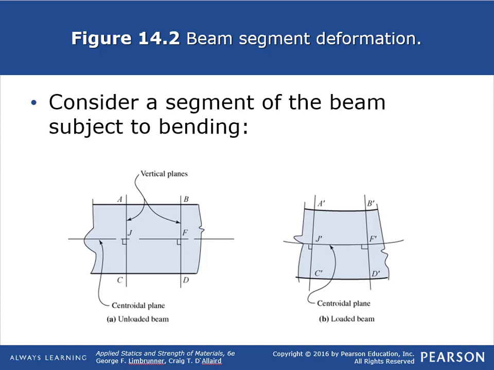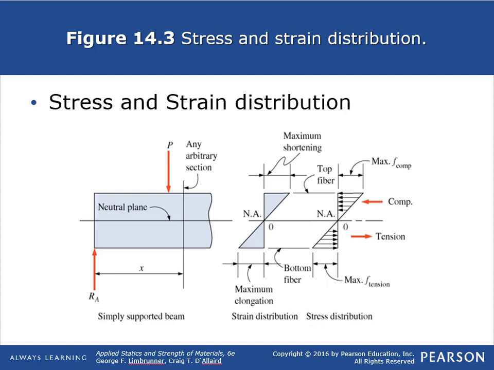So if we were to look at the distribution of stress and strain in a beam due to bending, this is what it would look like. So we have any arbitrary section of our beam, we have a shear load, and we have some bending going on. So this would be our strain diagram. We have our maximum shortening here at the top, and maximum elongation right at the bottom outer fibers of the beam.